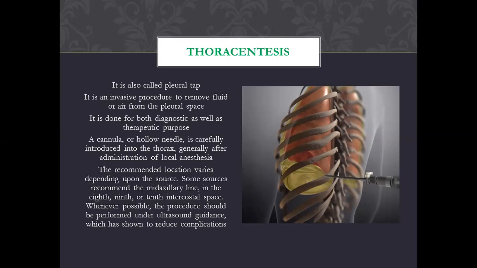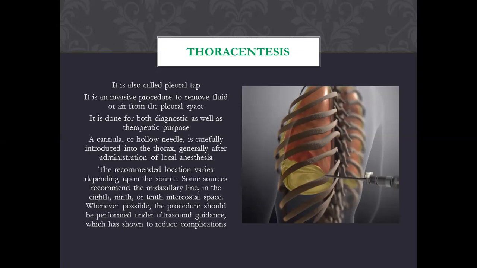We introduce the needle on the upper part of the rib. This is very important. Why? Because on the lower part of the rib there is a groove which contains a neurovascular bundle. You have to go above the rib, in the intercostal space. So this is the thoracentesis or the pleural tap.